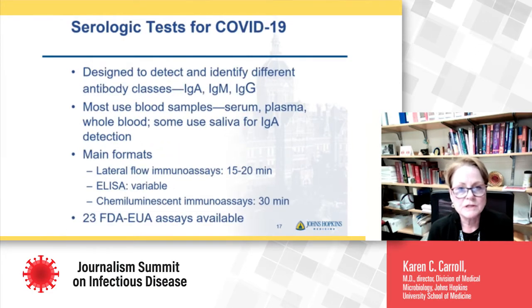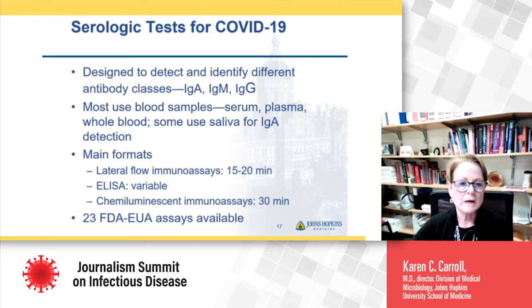I do want to mention serologic testing. So here we're talking about measuring the host response to viral particles. And so there are 3 different types of antibody classes: IgA, IgM, and IgG. Most of these assays use blood samples, such as serum, plasma, or whole blood. Some use saliva, but most are using the blood samples.